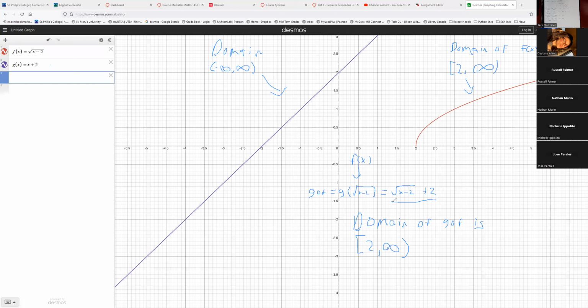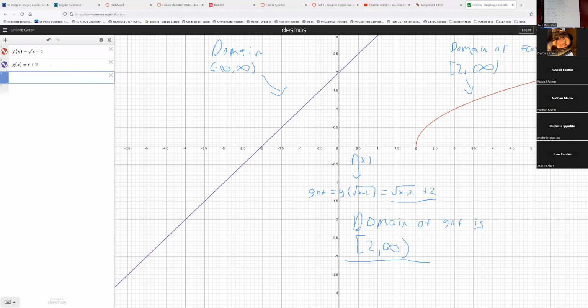So you look at any new restrictions that appeared here, and it didn't have any new ones. And you look at the restrictions of the one that went inside the f, and you put that together, and we end up with the same thing.